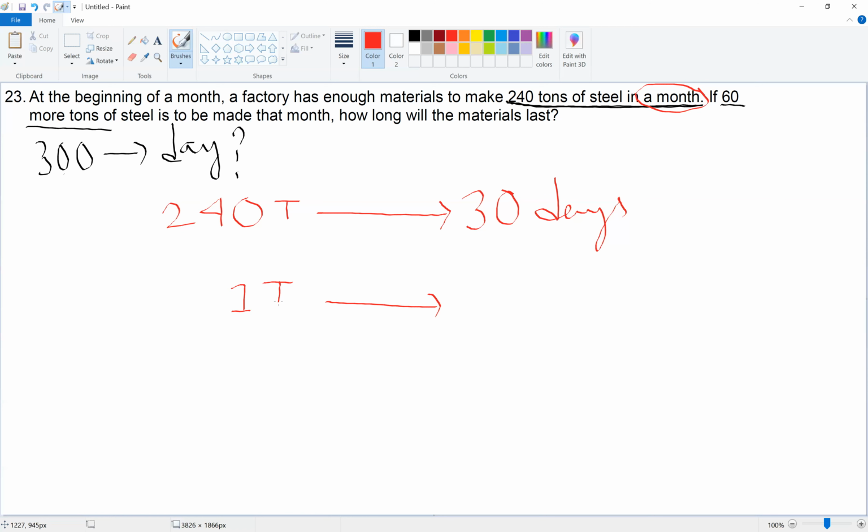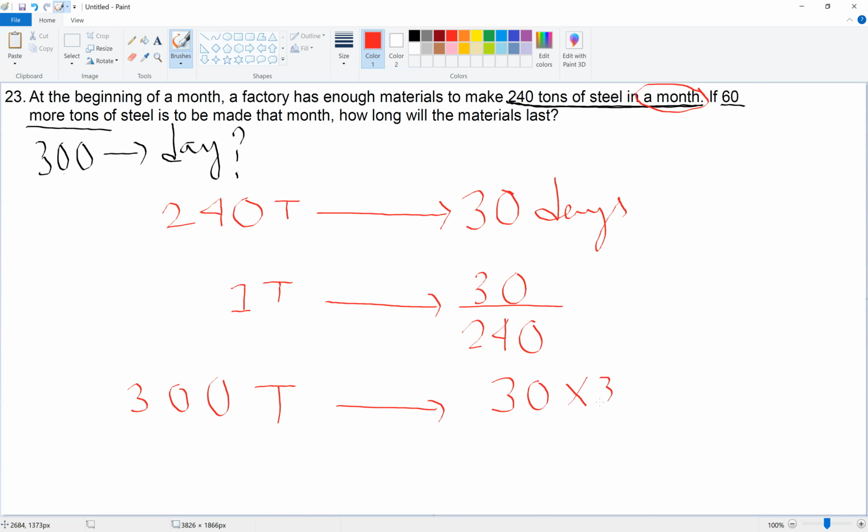More or less? More days? So 1 ton, it will take more days to finish? Oh, wait, less. So this would be 240. And then finally 300. 30 times 240 divided by 300. Do you get it?